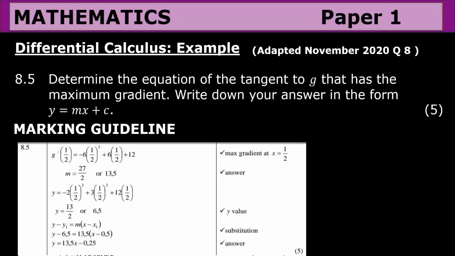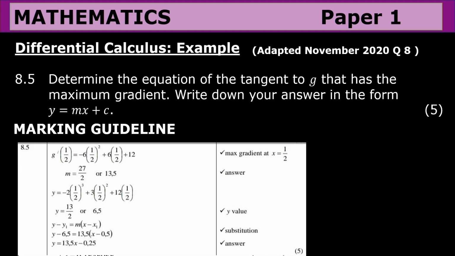Now, looking at the next question, it says, determine the equation of the tangent of g that has the maximum gradient. Now write down your answer in the form y is equal to mx plus c.